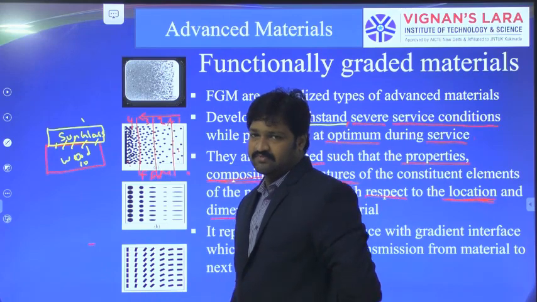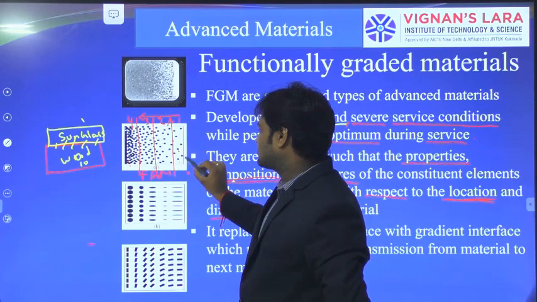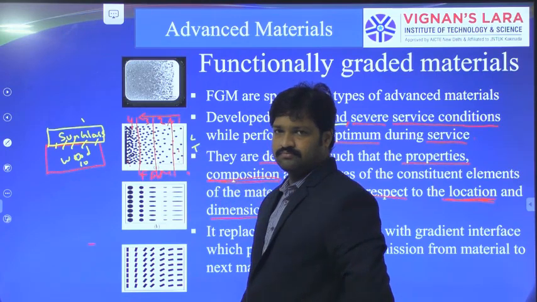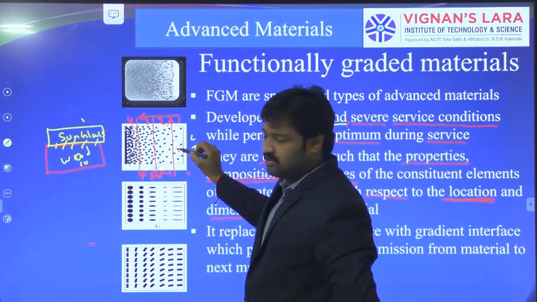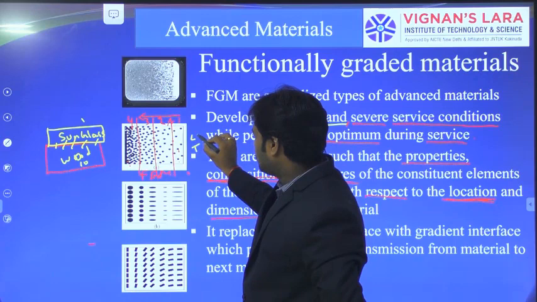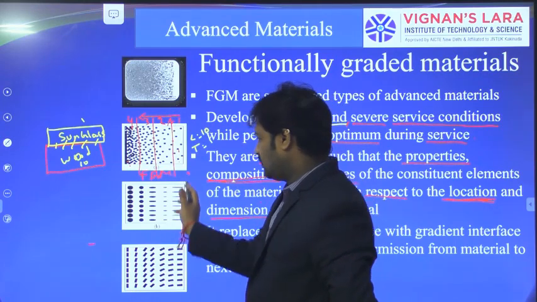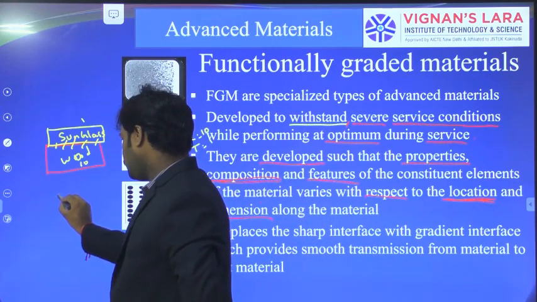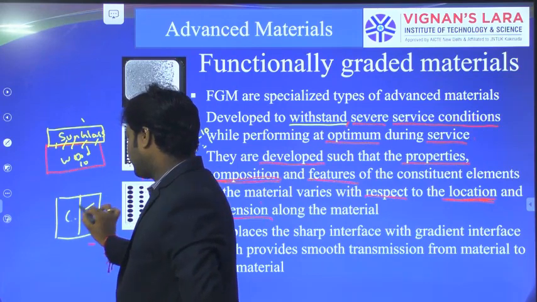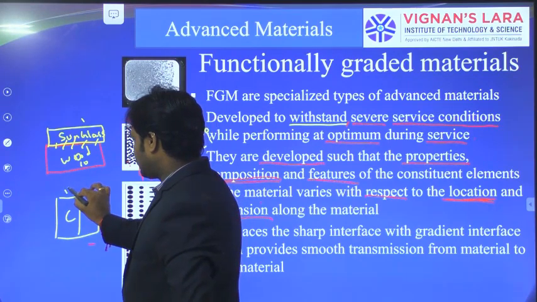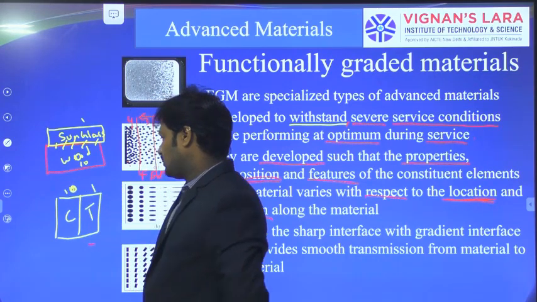Whereas in our FGMs, here we mixed two materials, that is considered as copper and titanium. Imagine the copper metal is having an expansion of 10 and the titanium is having 1.